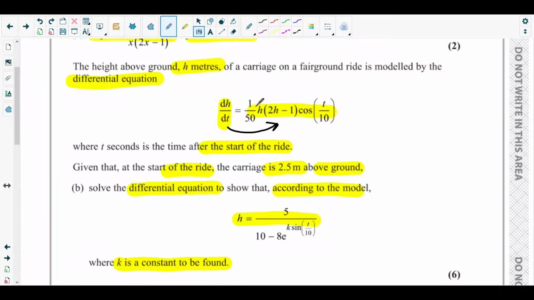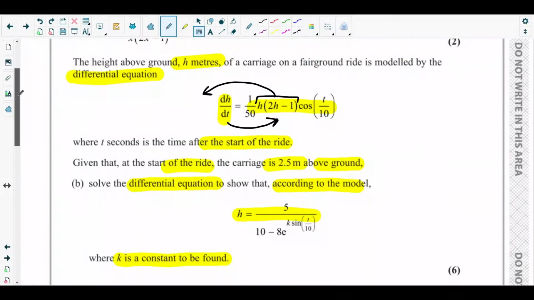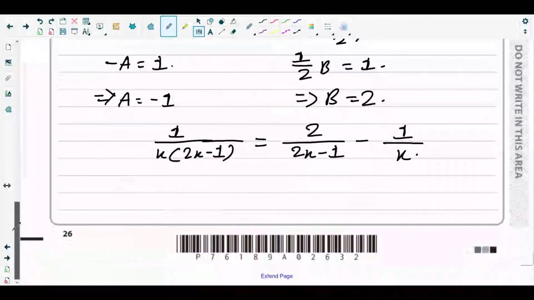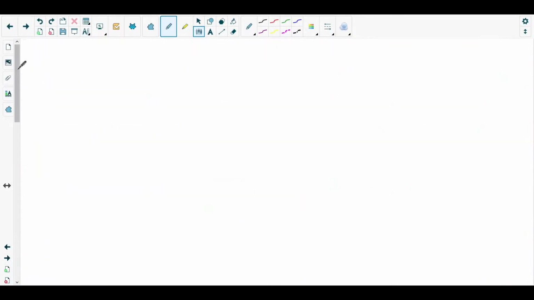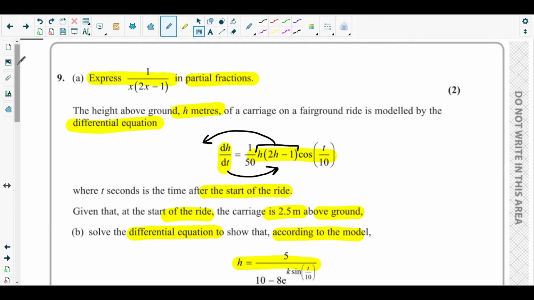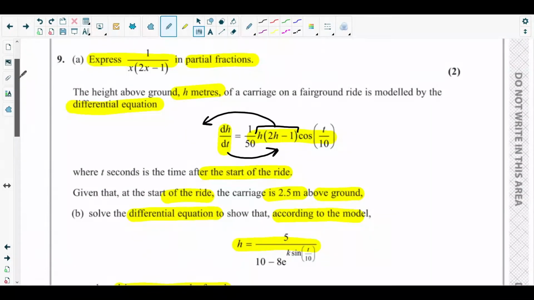This is the first step of solving differential equations. So h(2h minus 1) goes to the left side, so it comes to the denominator, dh remains as it is, and on the right hand side what remains?